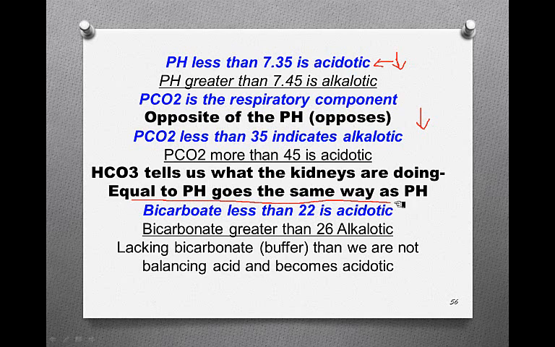It goes the same way as pH. So if bicarb is low, you're acidotic, just like when pH is low, you're acidotic. Bicarbonate less than 22 is acidotic. Bicarbonate greater than 26 is alkalotic. If you're lacking bicarbonate, then we are not balancing acid and it becomes acidotic.